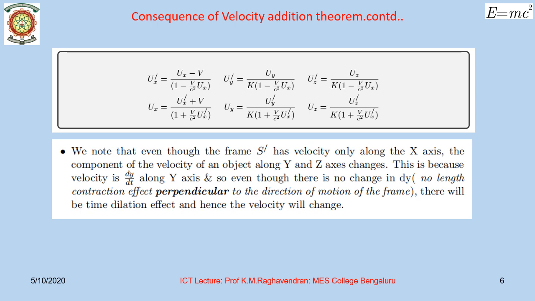That is, even though there is no change along the y direction for the length, that is no change in dy or no length contraction effect perpendicular to the direction of motion of the frame, similarly no change in dz, there will always be a time dilation effect, and hence the velocity component along the y and z axis also changes. In other words, we should remember that length contraction happens only in the direction of motion of the frame, while time dilation on the other hand is independent of the direction of motion of the frame.